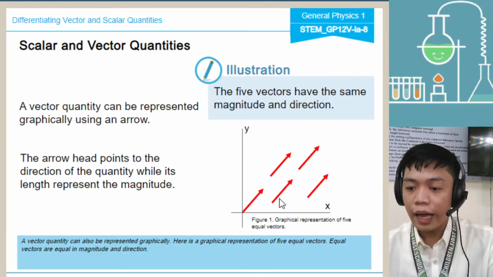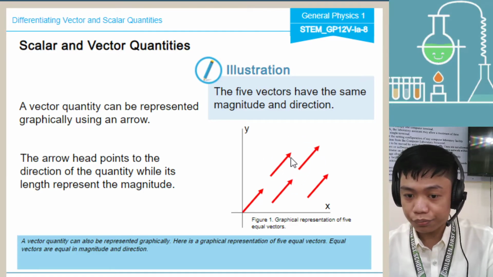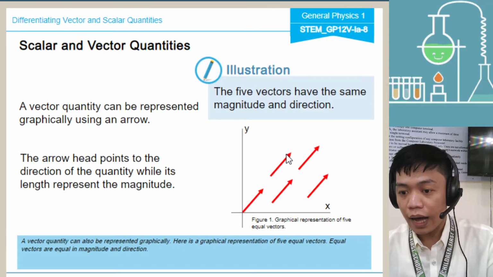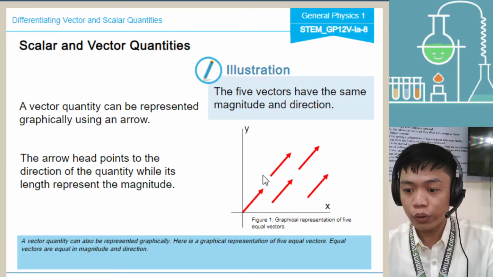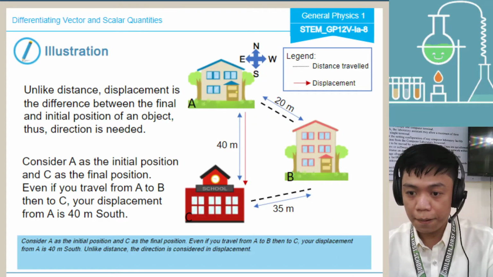Take note, class, that if an arrow doesn't have any head, it only denotes magnitude. But if it has an arrowhead like that, you can say that this is a vector quantity. A vector quantity is presented already in this illustration.